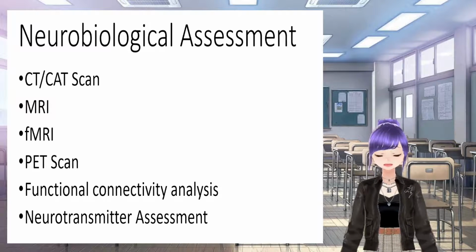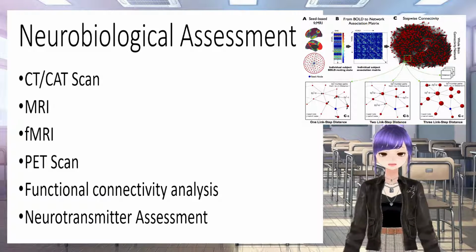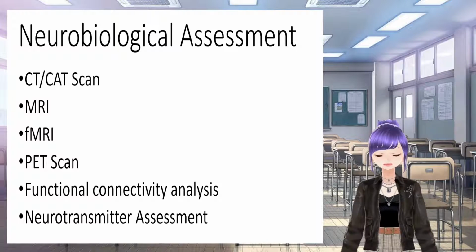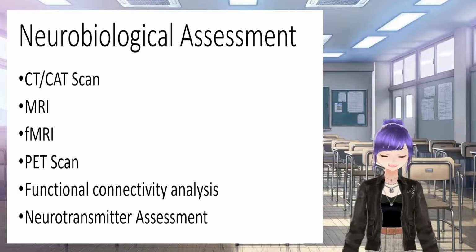We also have the functional connectivity analysis. This tries to identify deficits in the ways in which different areas of the brain communicate and connect with one another. One of the methods in functional connectivity analysis is the neurotransmitter assessment.